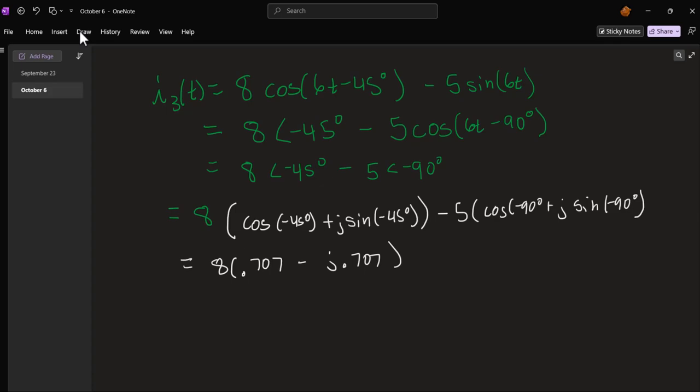So just like in time domain, V equals IR, in the phasor domain, V equals IZ. And Z is just the combination of all of your elements.